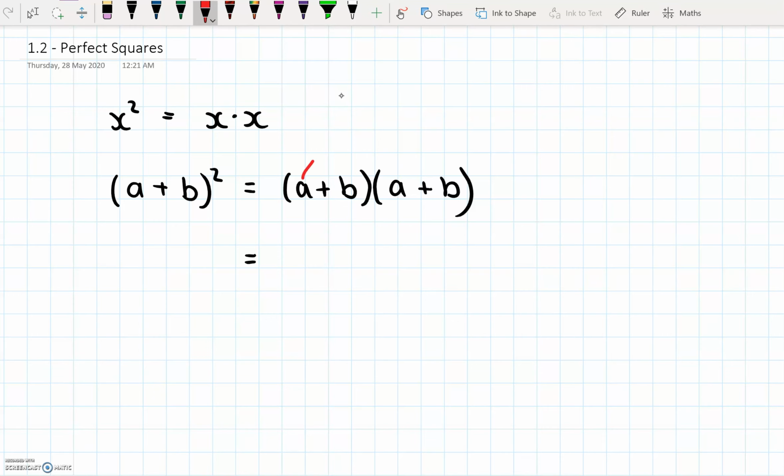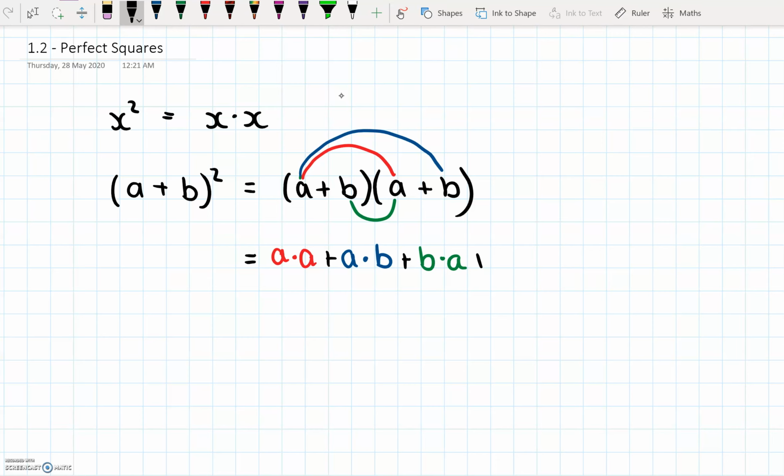So F for firsts: a times a, plus O for outsides, which I think we were doing in blue, so a times b, plus I for insides, b times a, plus L for lasts, b times b.